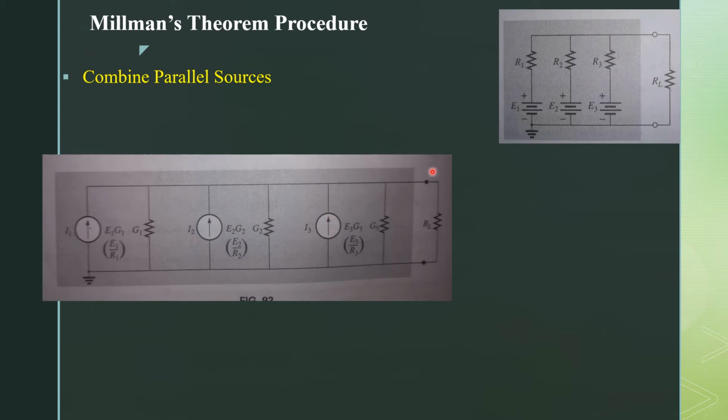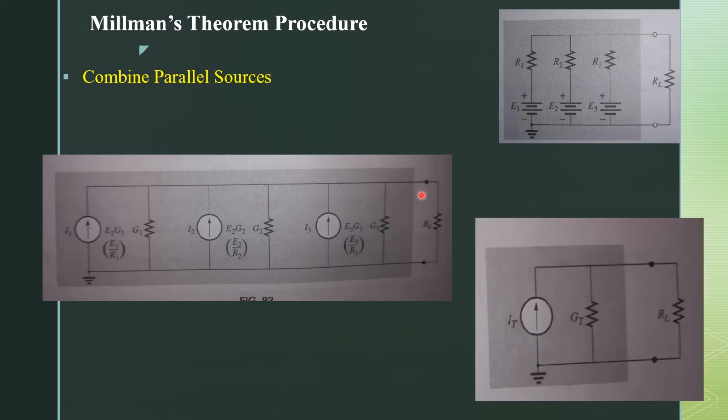So if we consider this a node, I1 is entering the node, I2 is also entering the node, and I3 is also entering the node. So we can replace these three current sources with IT, which is equal to I1 plus I2 plus I3. Similarly, G1, G2 and G3 are in parallel, so we can write the total conductance as GT.